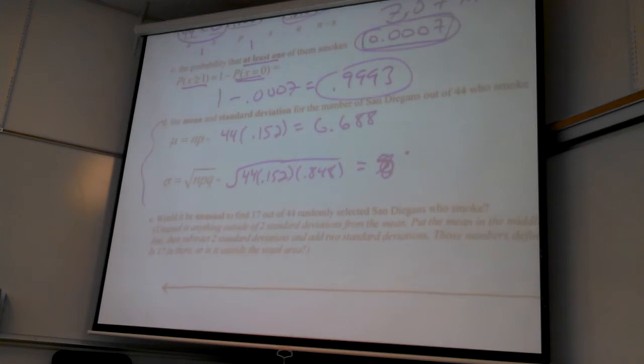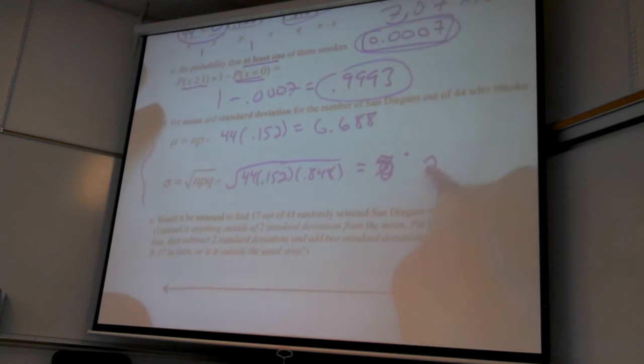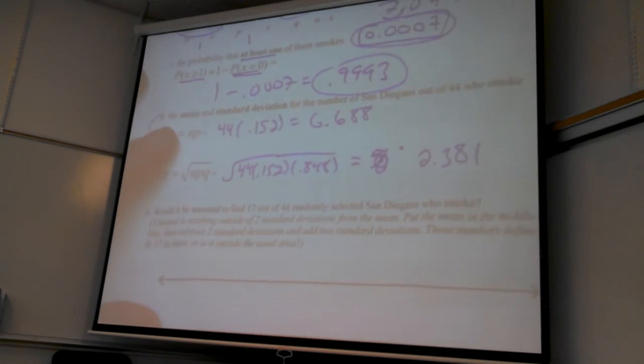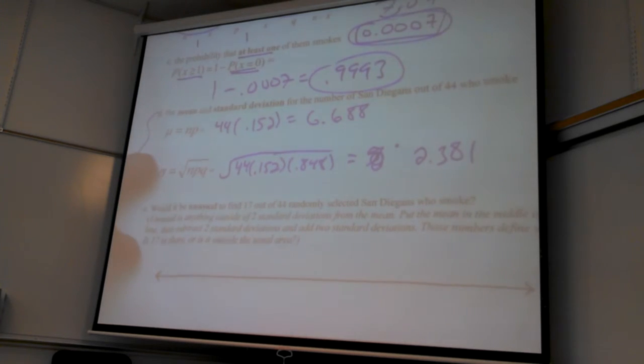I did the square root from the beginning and then got 0.8549. I got 2.44. You have dissension in the ranks. Let's see. 0.848. Please do something about that, Lauren. 2.38. Yeah, 2.381. But do you get that number? Yeah. Okay. I'm sorry.